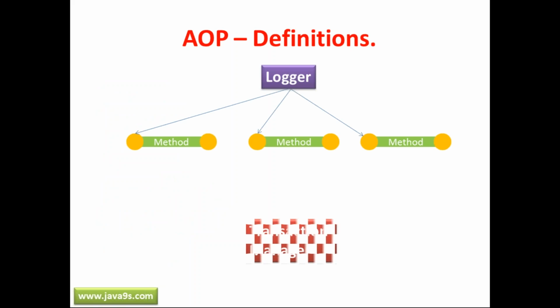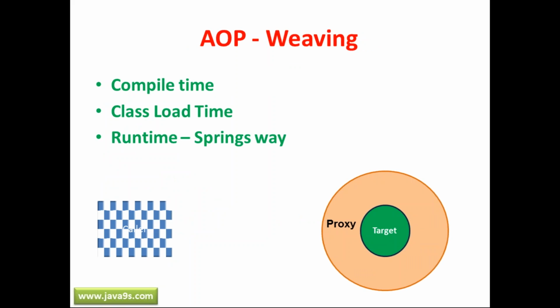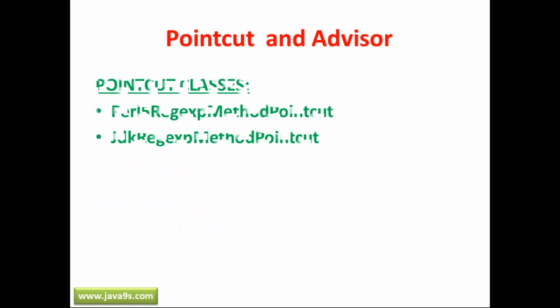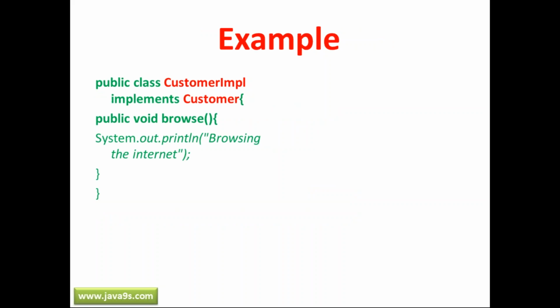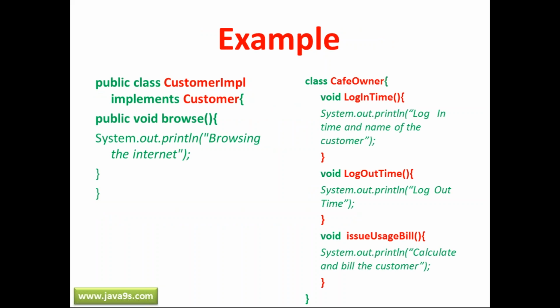Now let's see the example as well. Hope you remember we have discussed an example. The example which we want to implement is customer and cave between these two, which we discussed. We will implement how this is going to execute and how we are going to apply it as an AOP.